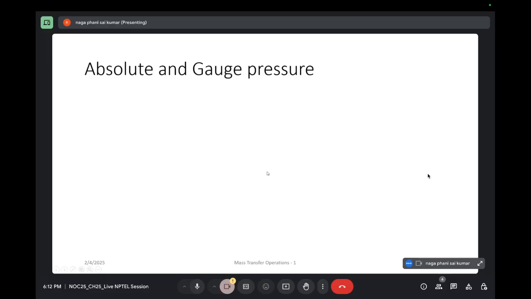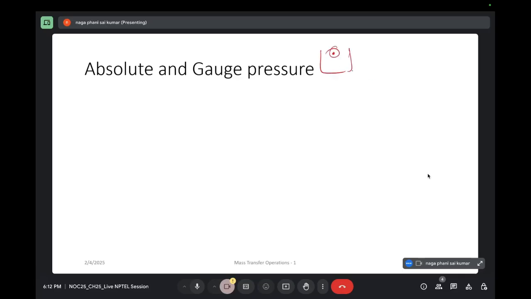And then when you are measuring the quantity pressure, it can be expressed using two different methods. Let's say you want to measure pressure at a particular location. This pressure can be expressed in two ways.